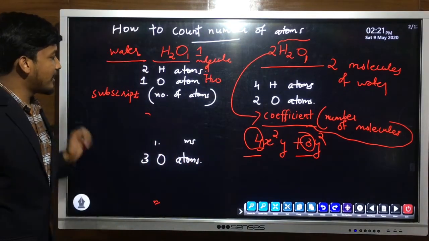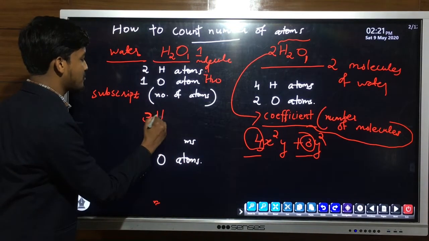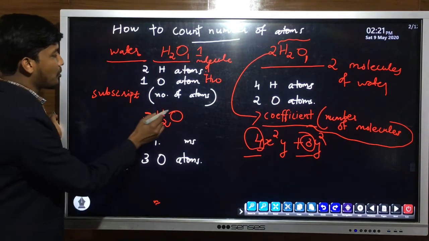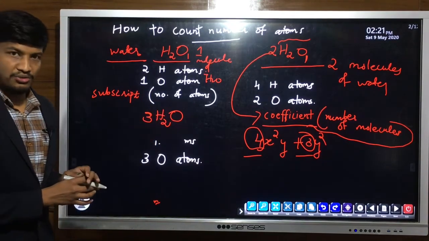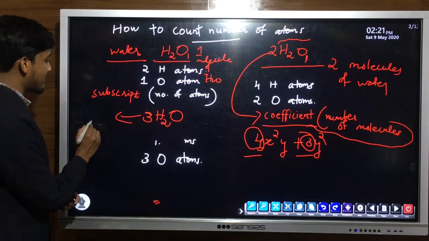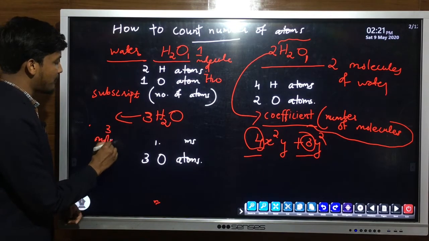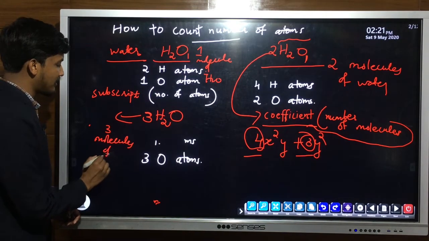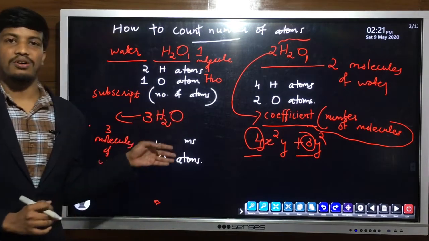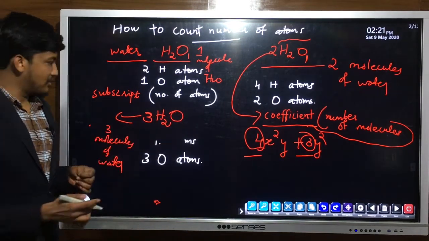We can consider another one, that is 3H2O. In 3H2O it is the same compound H2O, water, but what is the difference? The coefficient is 3. That means there are 3 molecules of water. If there are 3 molecules of water, we write 3H2O. Now can we count the number of each atom?